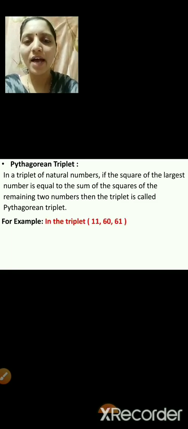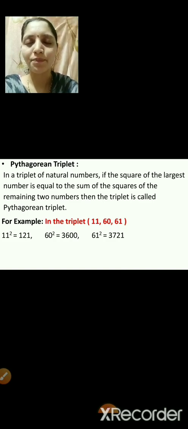Here I have selected three numbers 11, 60 and 61. First find the square of each number. That is 11 square is 121, 60 square is 3600 and 61 square is 3721.